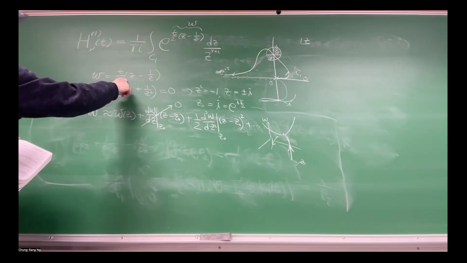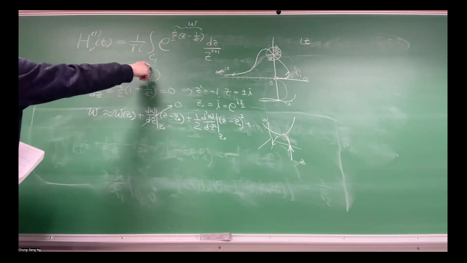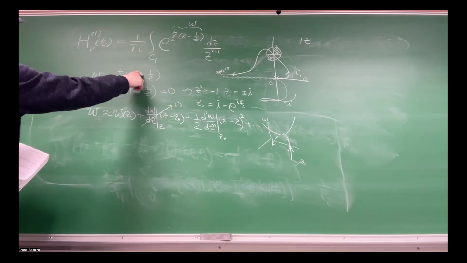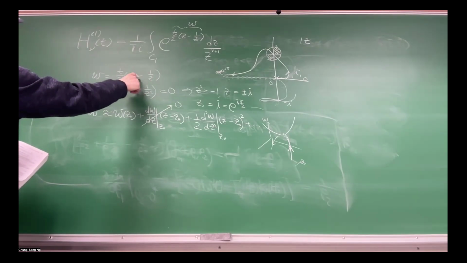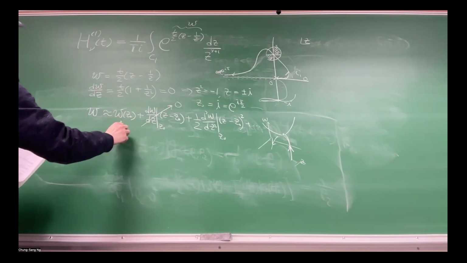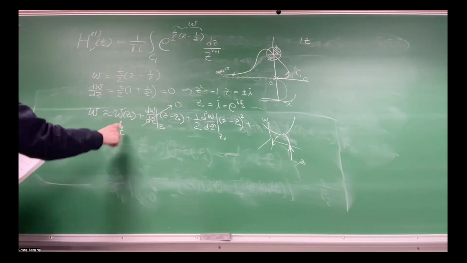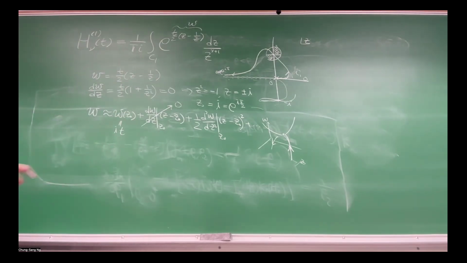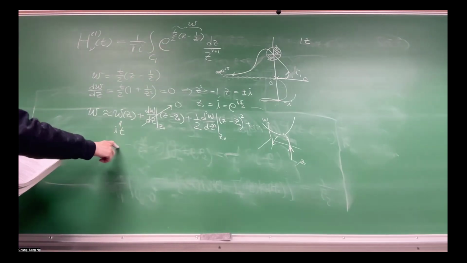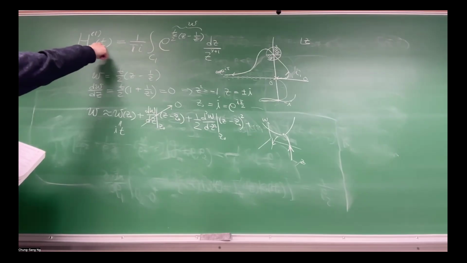And W evaluated at z0, you can just do it here. So z at z0, this is I minus 1 over I, which is I plus I. So you have 2I, and 2I cancels 2. So this is just I times t. Put it back into the exponential function: this is exponential I times t, and t is the argument of your Hankel function.